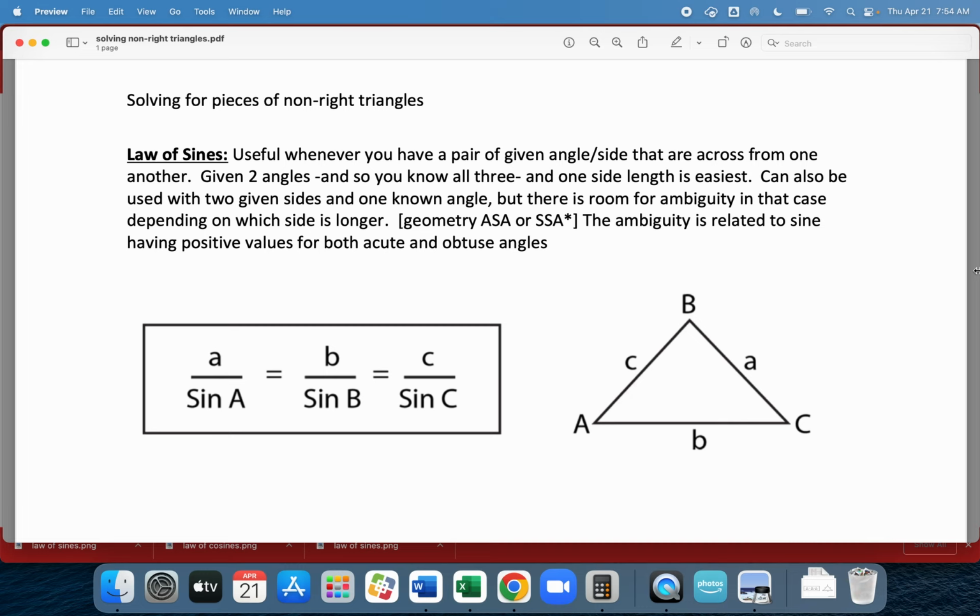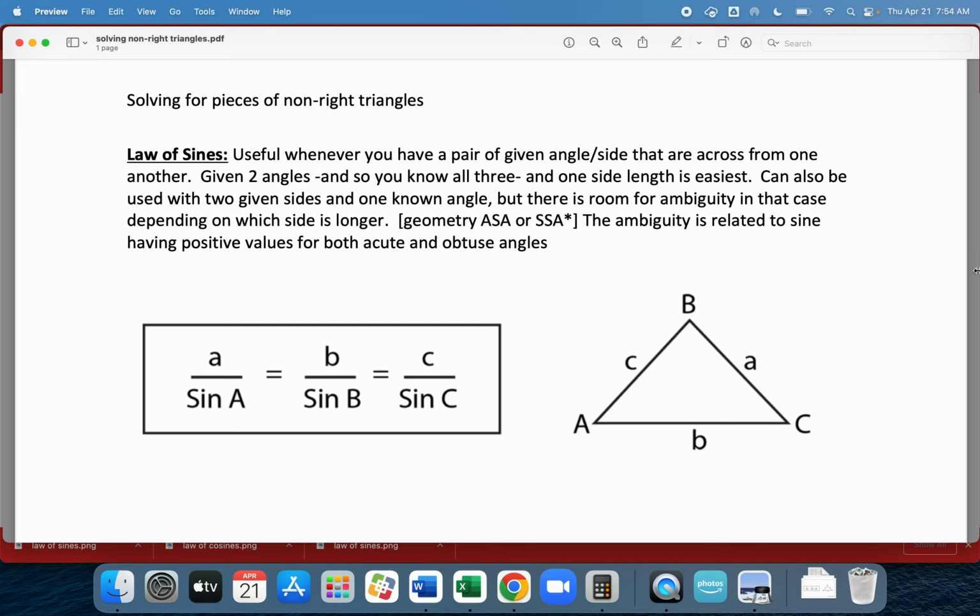This angle, this opposite and hypotenuse, that's related to a sine function. So the sine of angle A in that left triangle that is now a right triangle would be H over C.